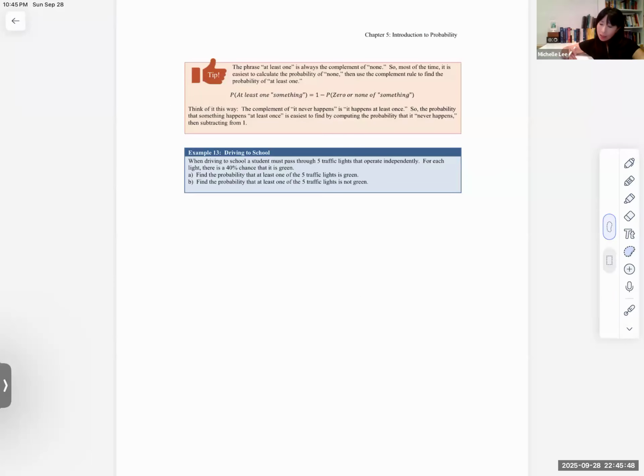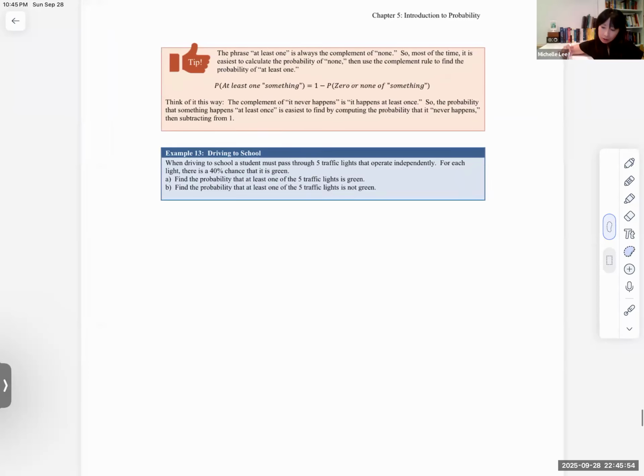Okay, so this will be the last concept and then an example. The book indicates that the phrase at least one is always the complement of none, because at least one means everything in the statement. So the complement will be none.